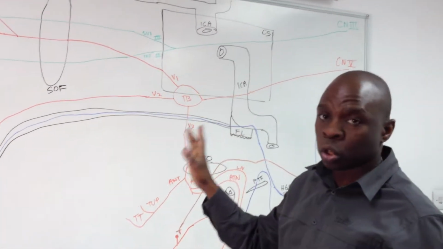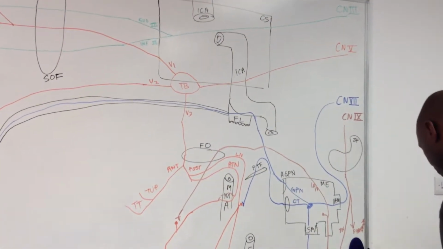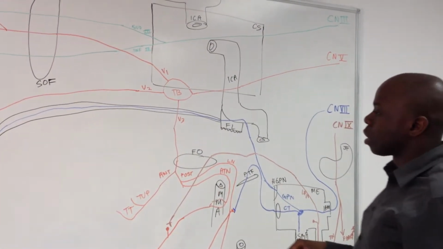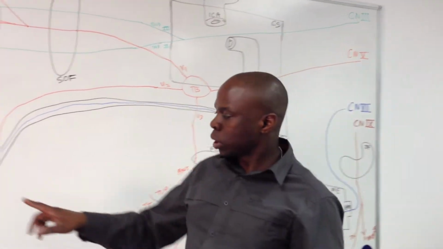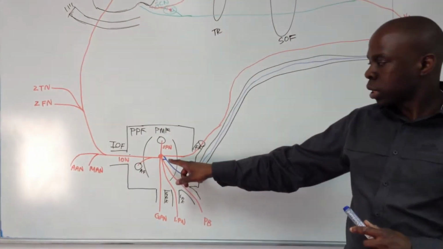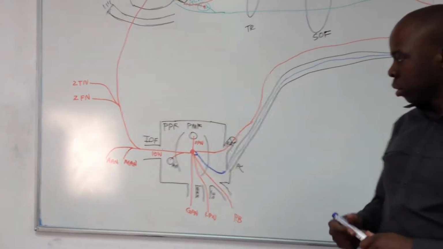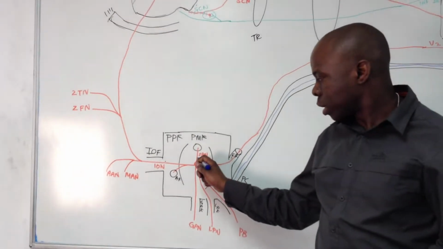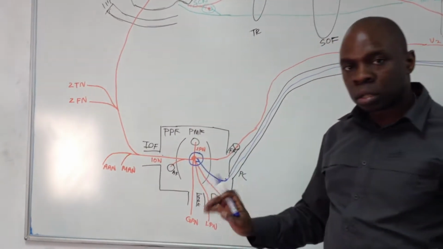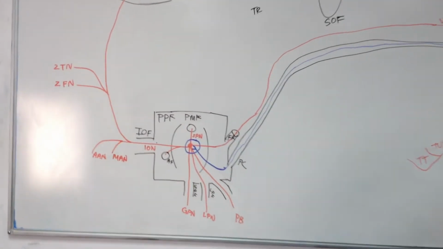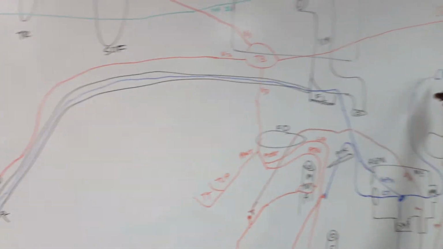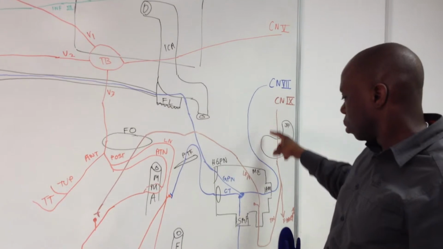Let's move on to number 2. Number 2 is going to be a ganglion which is located here in the pterygopalatine fossa. I'm going to draw a hat round here, and I'll show you how we get there. So this is coming from cranial nerve number 7.